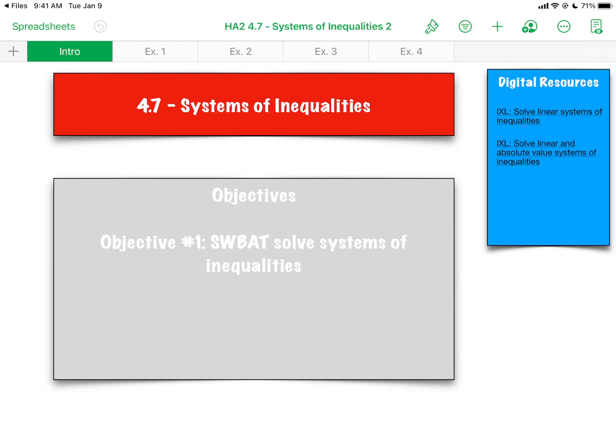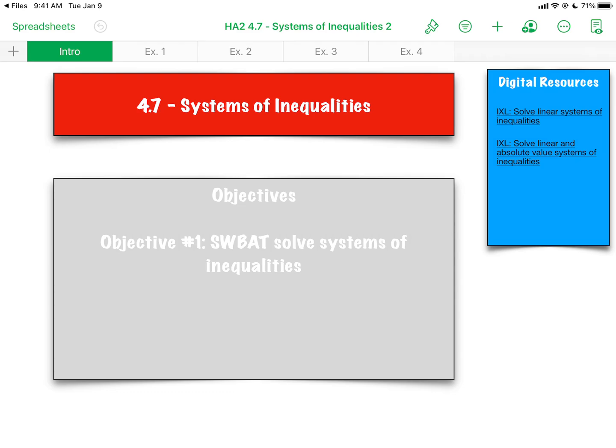Recall, last unit we looked at just graphing a linear inequality. You draw the line, that's called the boundary line, and then you use a test point to decide which side of the line you should shade, right? And the shaded region is your solution.